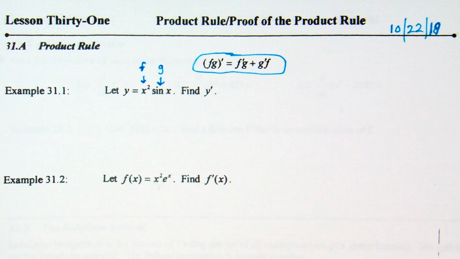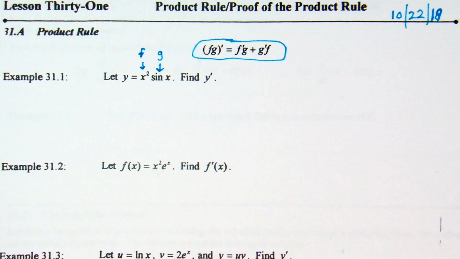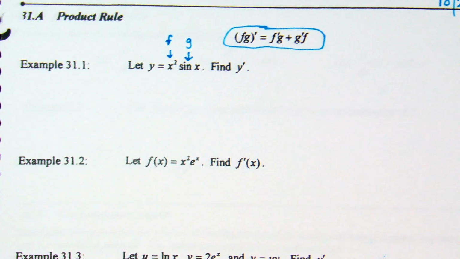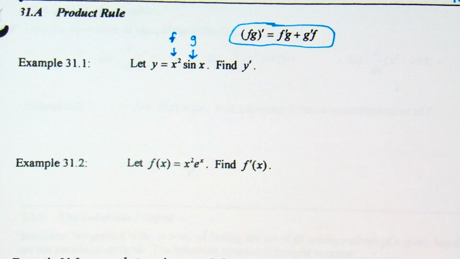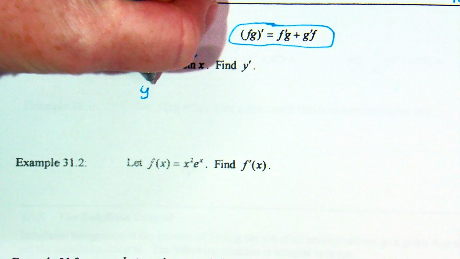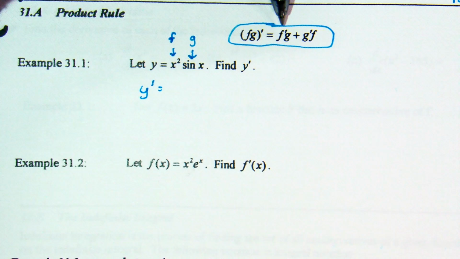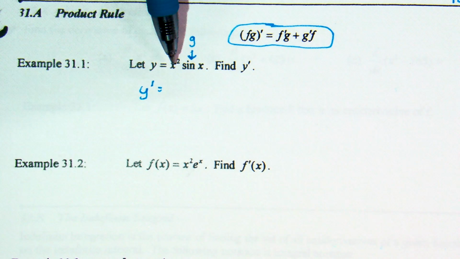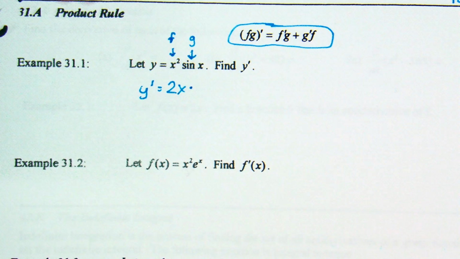Okay, so if I think of x squared as my f and sine x as my g, in order to find y prime, notice what it said at first, the derivative of f times just regular g. So what is the derivative of f? What is the derivative of x squared? 2x times g, which means keep g as is. So that's the f prime g.